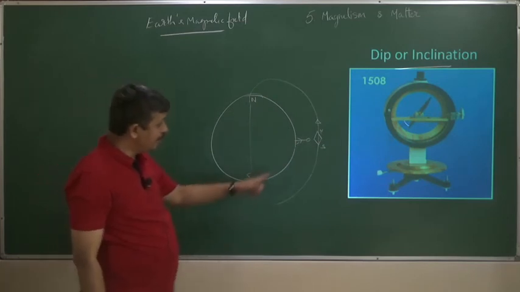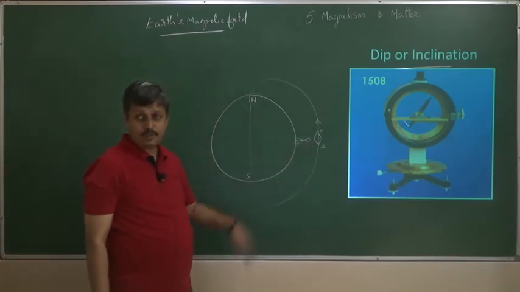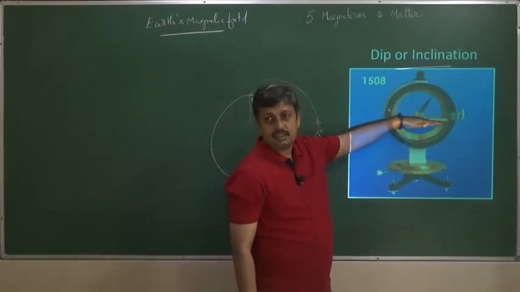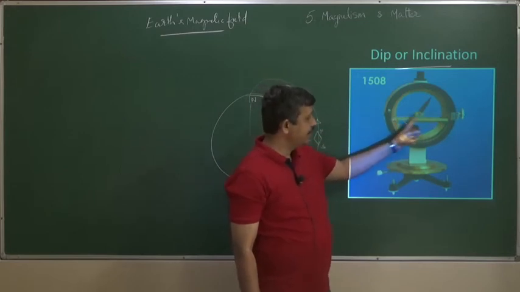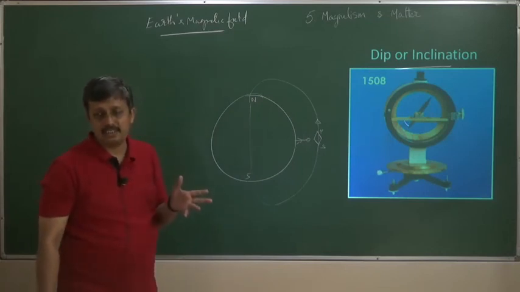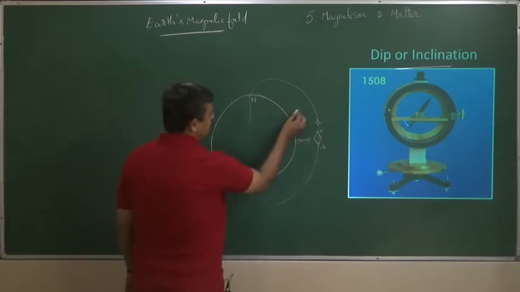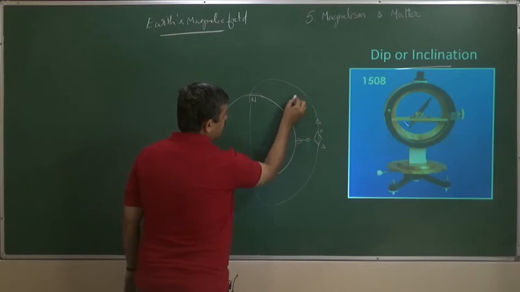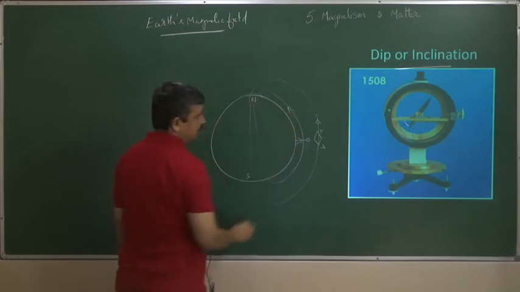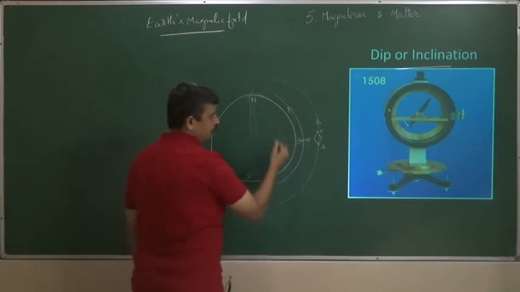In the vertical plane on the equator, if you put it here, it shows exactly horizontal like this. That is because this side and this side are both pulled by N and S at equal distances. On the other hand, if I put it somewhere here, these are the lines of force, the field lines.